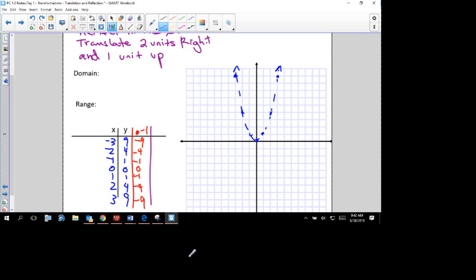And after we multiply by negative 1, then we'll add 1 because it translates up. And then on the x side, we are just adding 2 to make it go to the right.